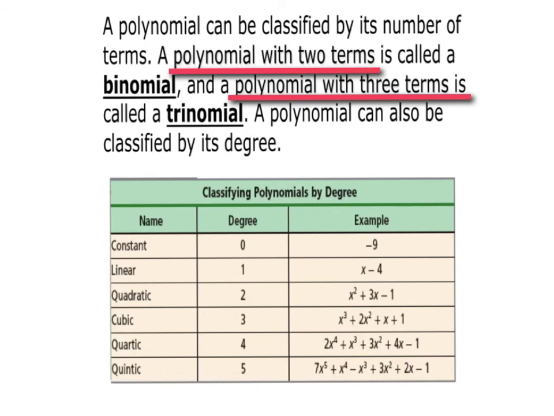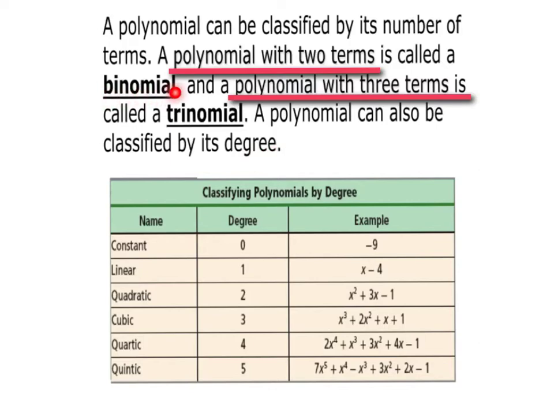Okay, now a polynomial can be classified in 2 ways. The first is by the number of terms that it has. Okay, and the second is by its degree. Now notice, there are 2 very popular numbers of terms for polynomials.